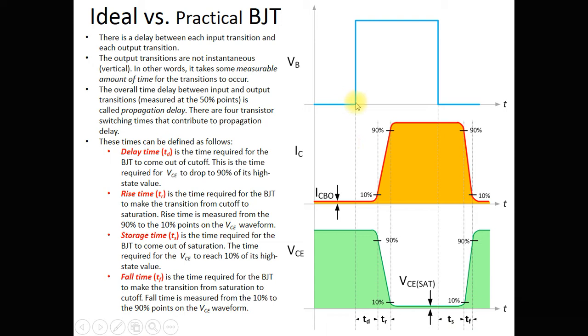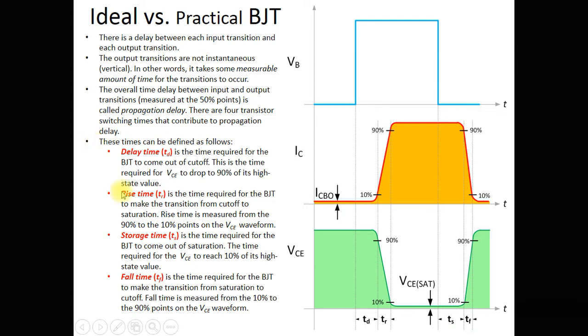Whenever the base voltage goes high, the transistor does not turn on immediately. It takes some time and you have a behavior of this fashion. So naturally we have to take care of these things also, and these parameters are important when we talk about fast applications, that is, fast switching of the device.